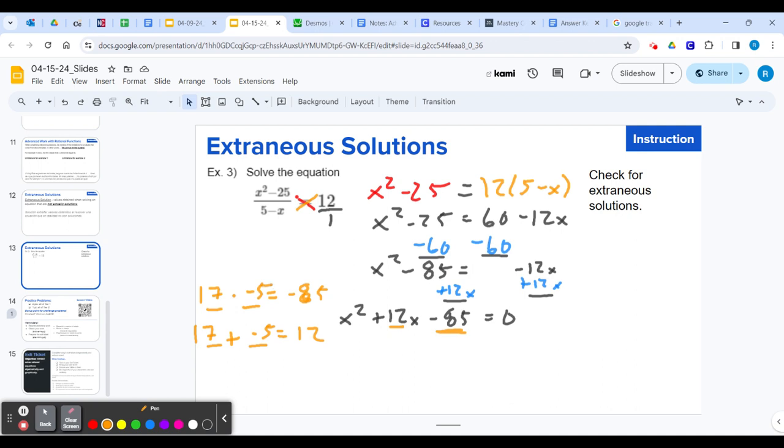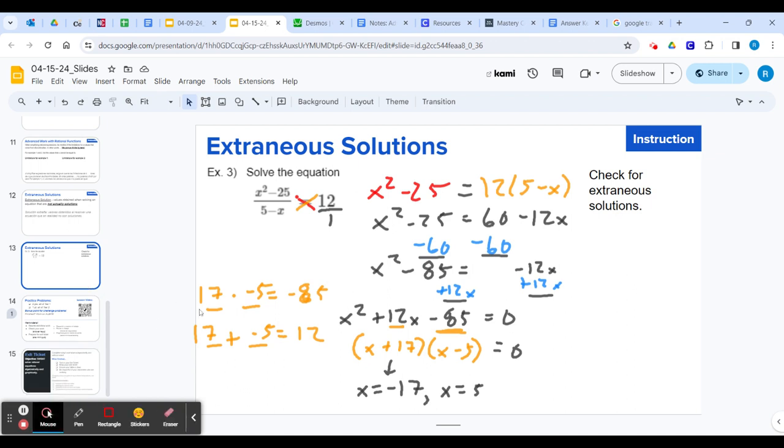So that took me a while to work through on the side here. So don't worry if you didn't see that right away. We'd factor this out. We'd get x plus 17 times x minus 5. And then we're just seeing what values are equal to 0 there. So if we work that through, that would be x equals negative 17 or x equals 5.